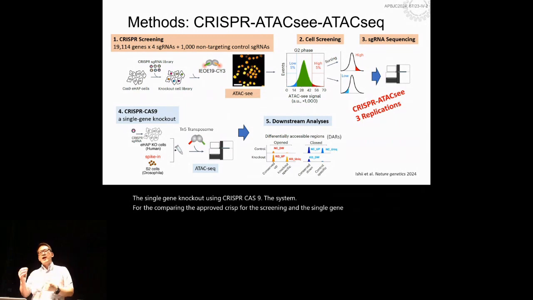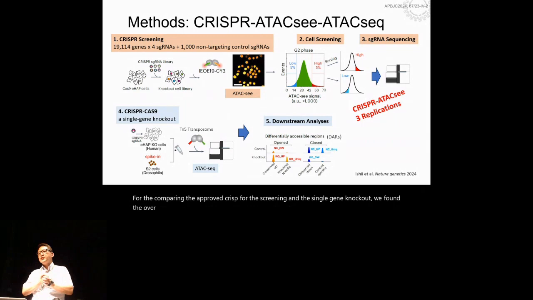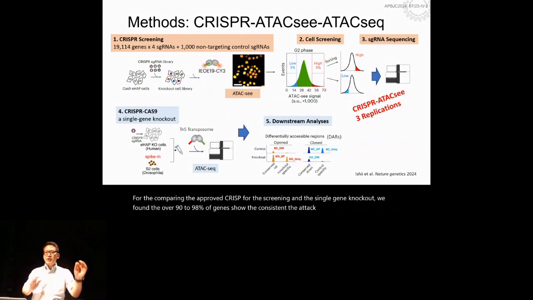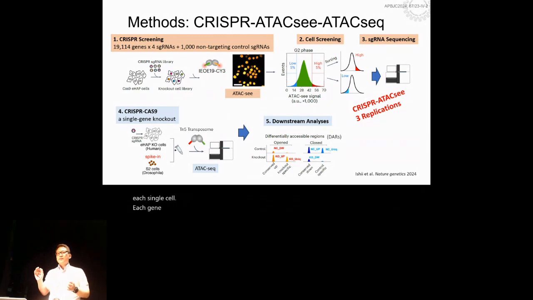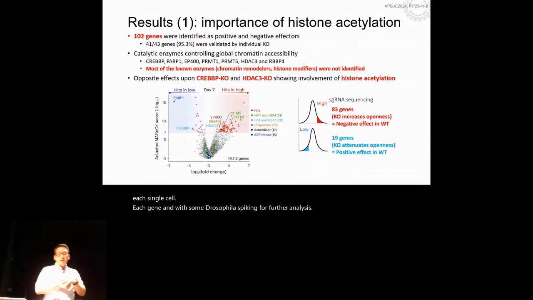We found that over 90 to 98% of genes show a consistent ATAC-see signal between the single gene knockout and pooled CRISPR screen. And we also conducted ATAC-seq for the knockout of each gene, with some Drosophila spike-in for further analysis. So here's the result.